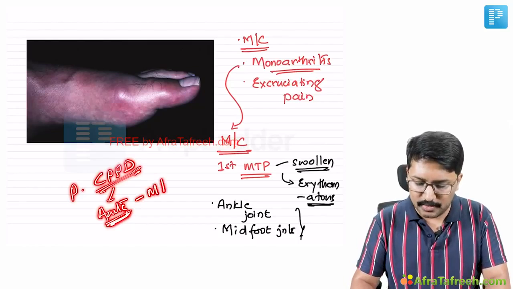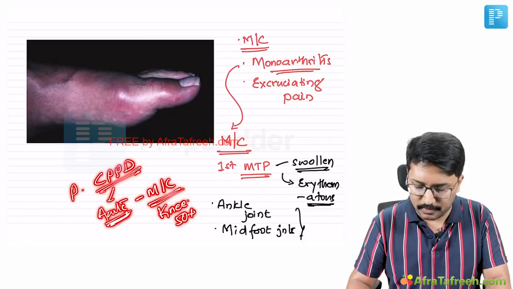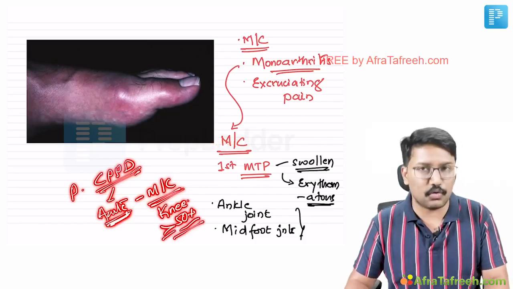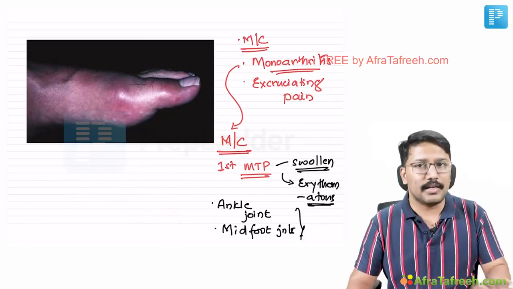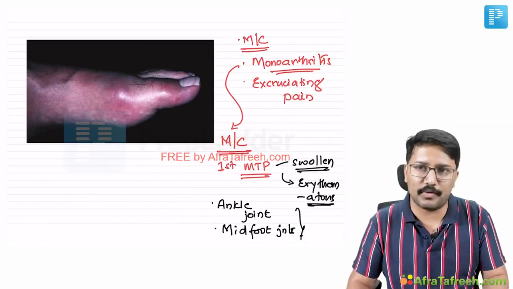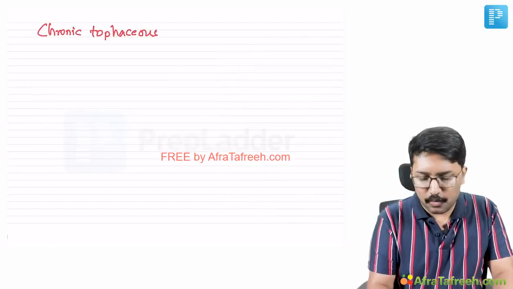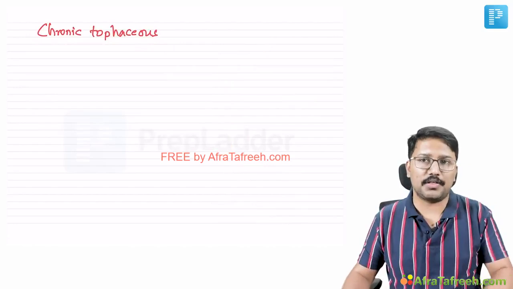But there the most commonly involved joint is usually the knee joint, right? That accounts for more than 50% of the patients with pseudogout. Clear? So here it is MTP. As I've already told you, knee joint involvement is less common in comparison to involvement of MTP, ankle and midfoot joints, right?